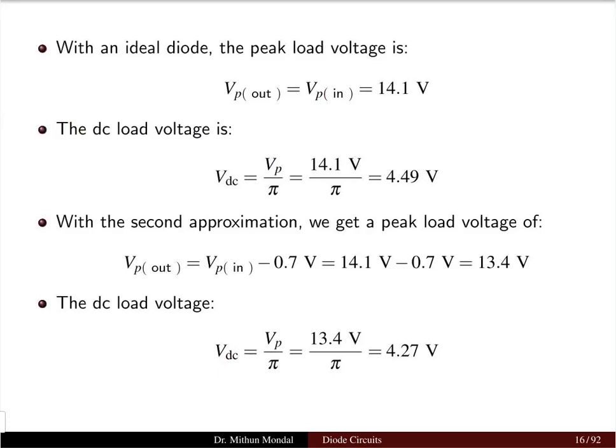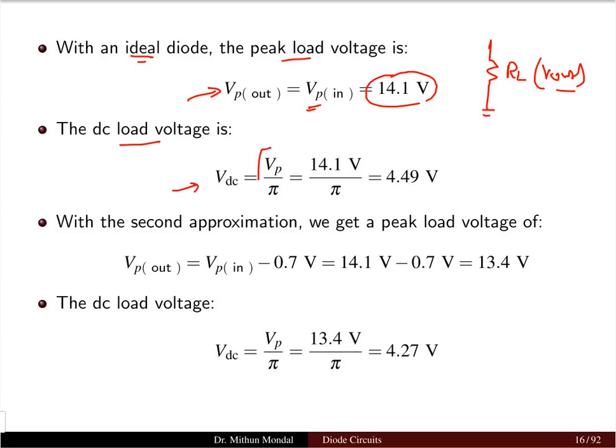Now, if the diode is ideal, then the peak load voltage at the output, where you have a load resistor, is nothing but the maximum input voltage we obtained, that is 14.1 volt. The DC load voltage, we have seen the formula, is Vp divided by pi, which gives us 4.49 volt.